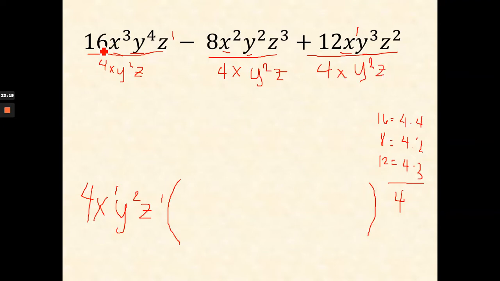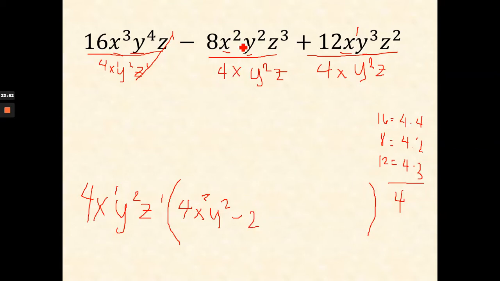Okay? So 16 divided by 4, that is 4. Your variable, you're just going to subtract the exponent. 3 minus 1, that is 2. The next, y, 4 minus 2, that is 2. And then z, 1 minus 1, that is 0. Okay, so no z. Minus 8 divided by 4, that is 2.